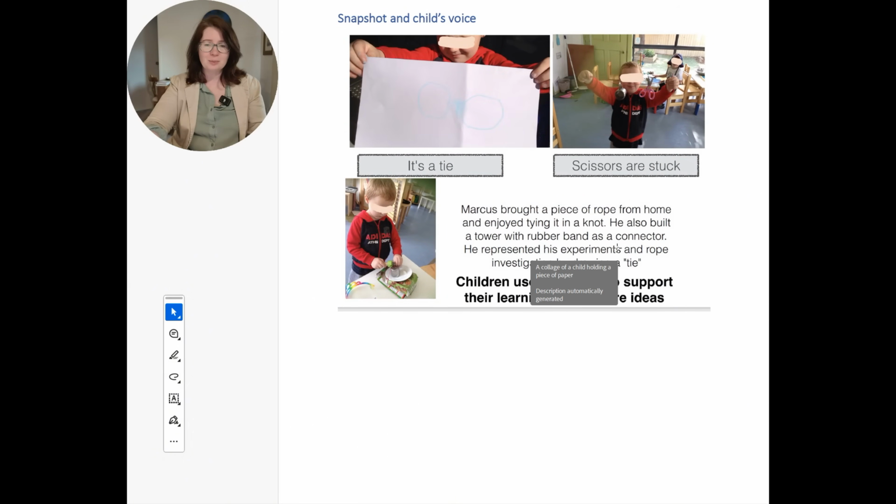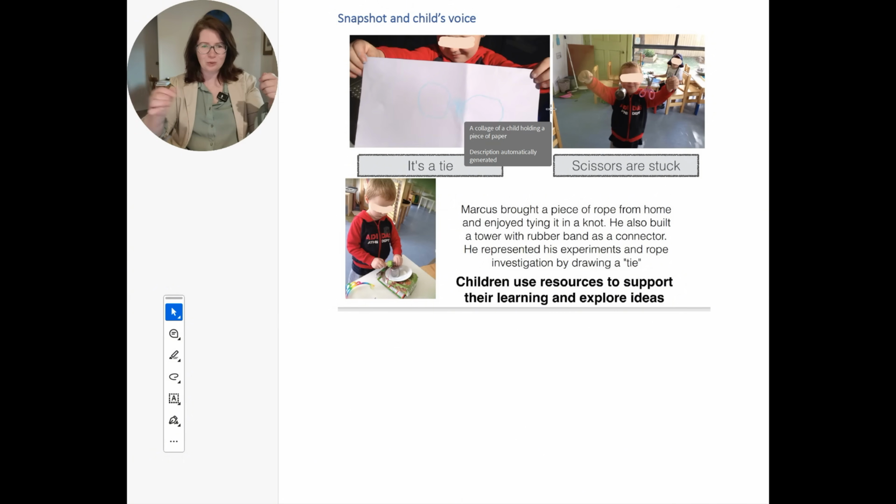But sometimes the moment is so precious, like this one, when you see this thinking process, and these pictures help me to understand what was going on in terms of thinking. They were exploring ropes and weaving, and they learned a lot about tying things, and they were very interested in knots.